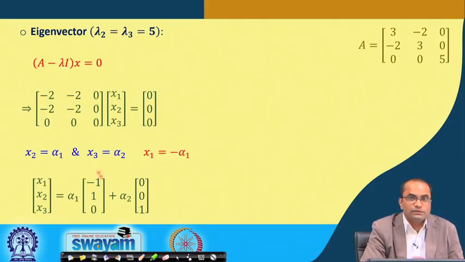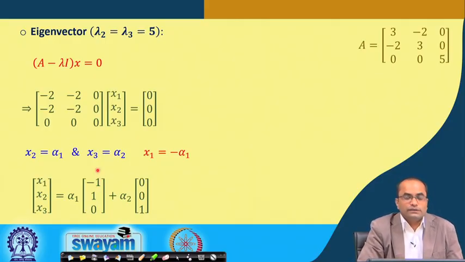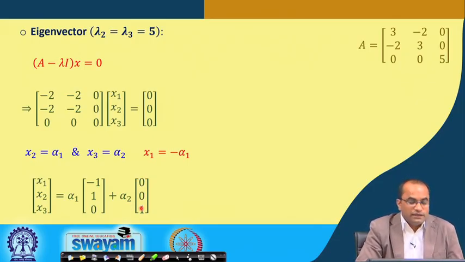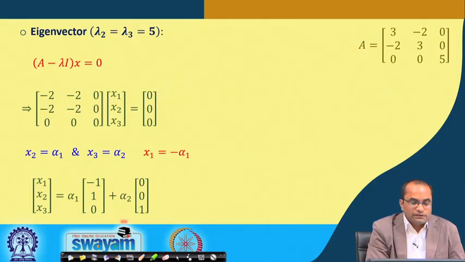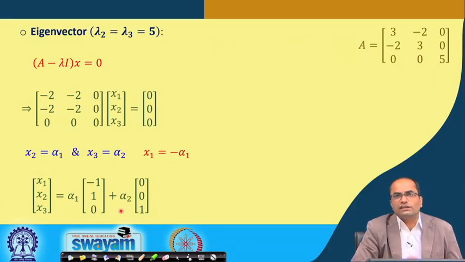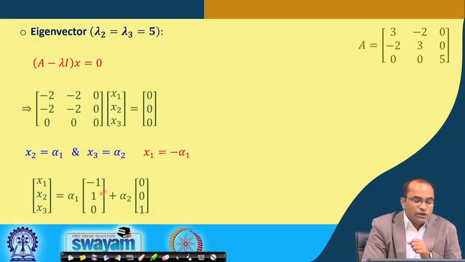Minus 1 1 0 satisfies the given equation, and 0 0 1 also satisfies the given equation, and these two are linearly independent, which we can see from the structure itself. For any linear combination, if we set alpha 1 plus alpha 2 equal to 0, alpha 1 and alpha 2 have to be 0. So, that is an easy check for linear independence in this case.